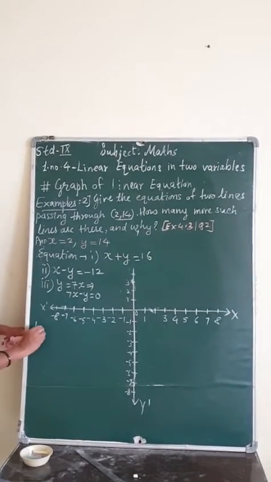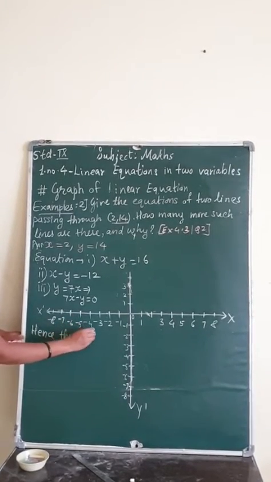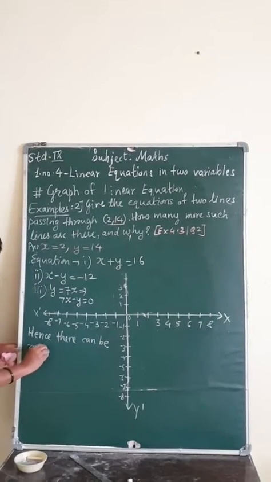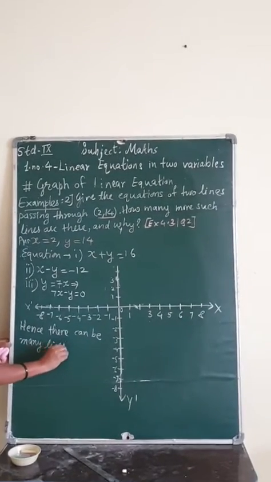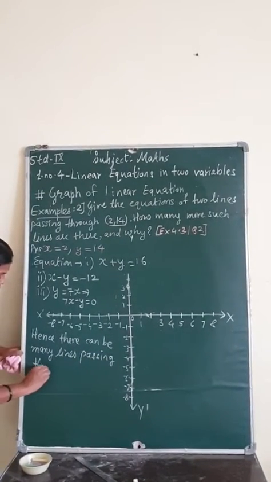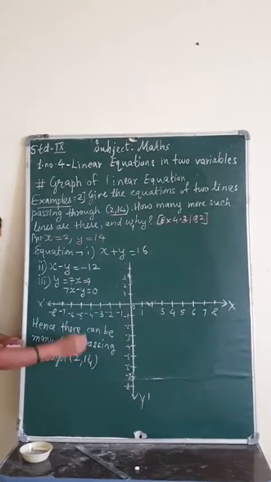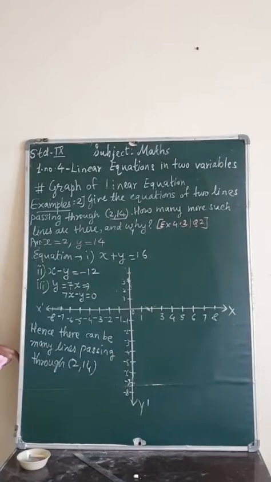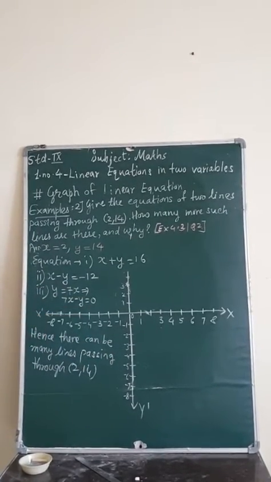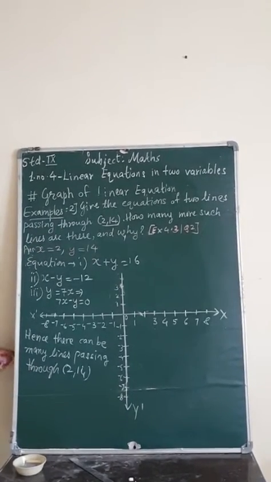So hence we can say here that there can be many lines passing through 2, 14, because through one point many lines pass. So don't draw this coordinate plane, that we require for the next sum. So this is your answer, the text is your answer.